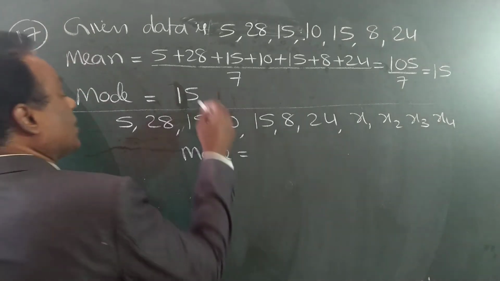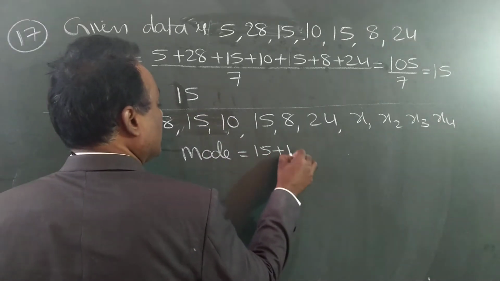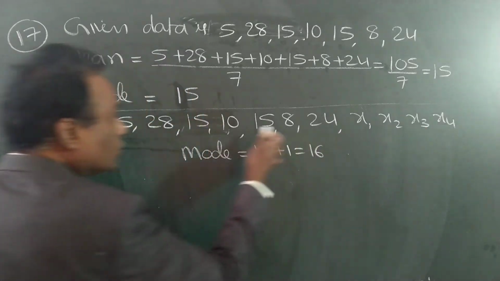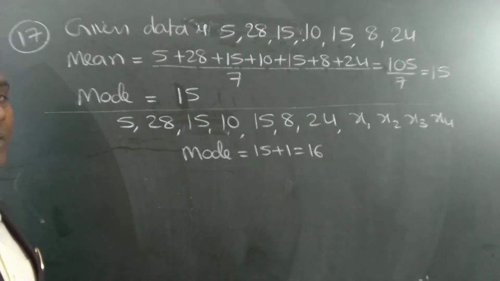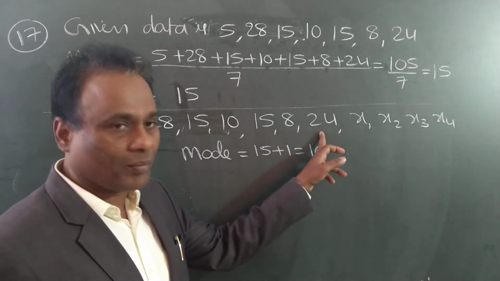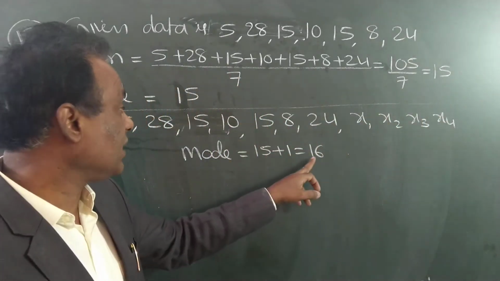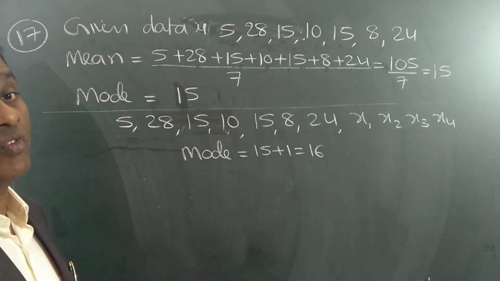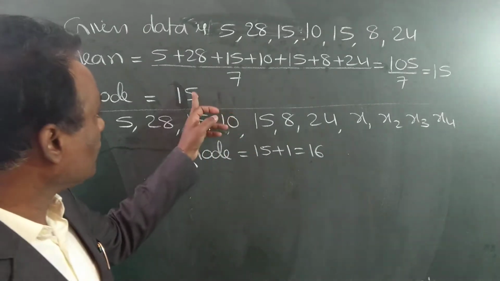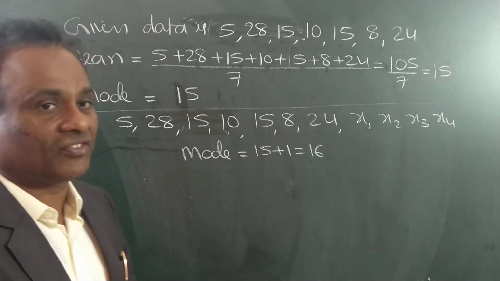Mode is increased by 1 means 15 plus 1 is 16. Mode of this new data is 16. That is given in the problem. Write 4 more numbers so that the mode for this new data is 16.